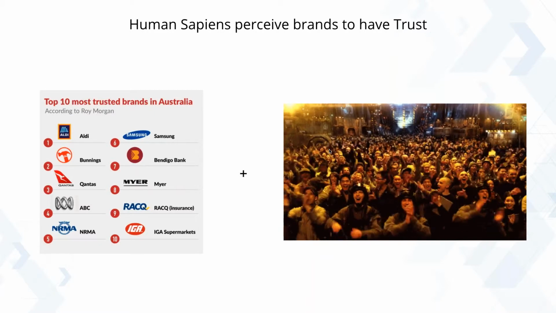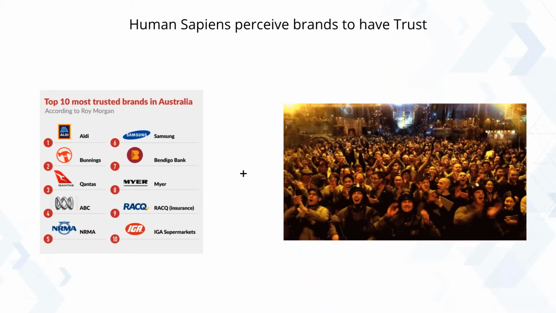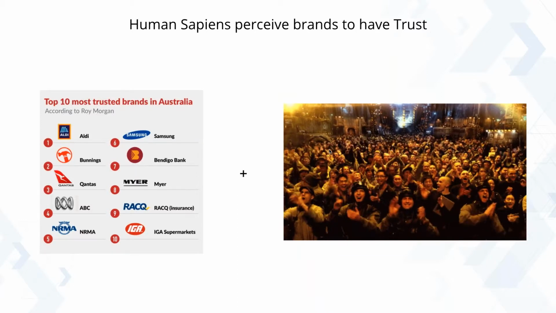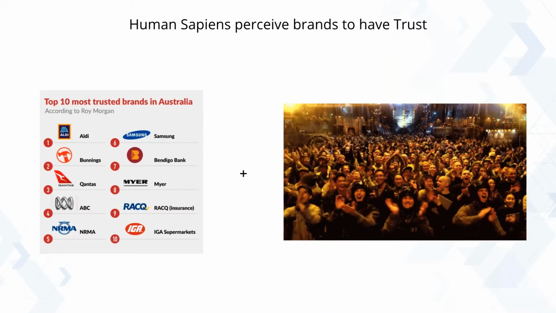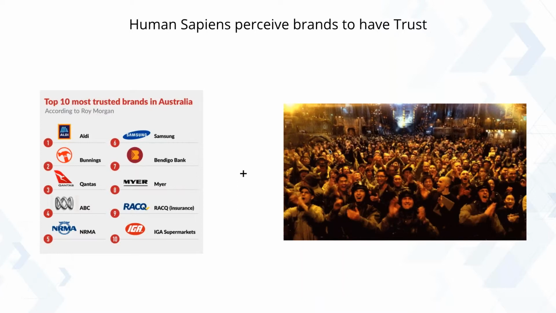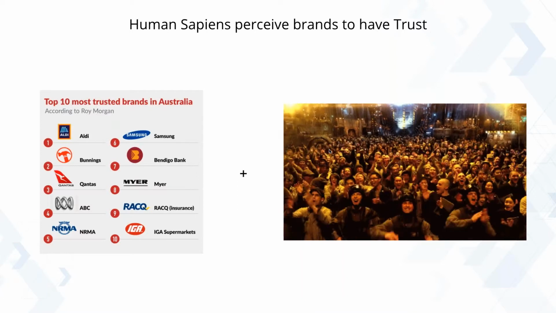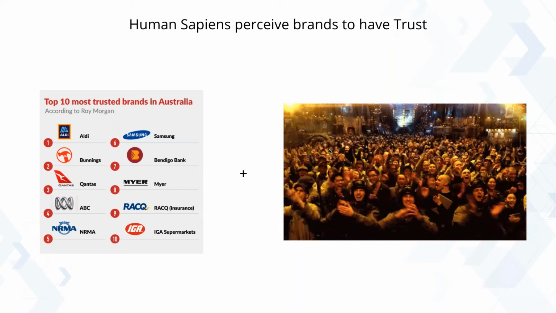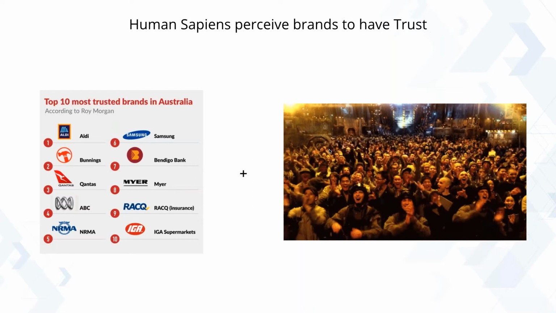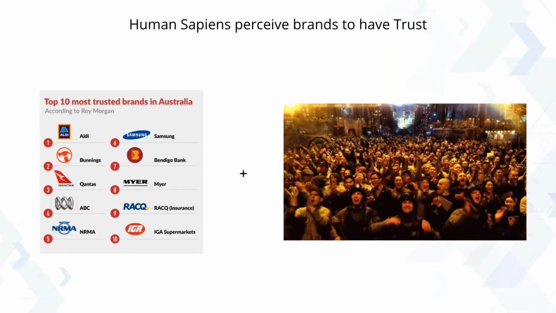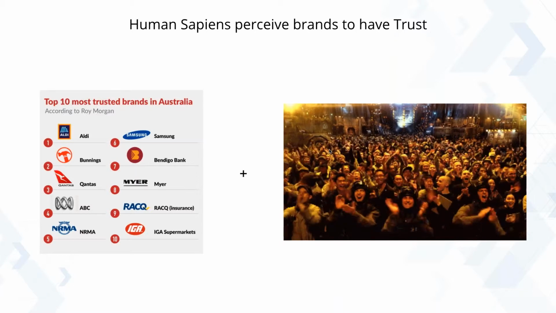So if I'm Qantas or Bunnings or Aldi, my reality is actually the sum of the perception of all of these people that have interacted with my brand and have this perception. It's just an interesting concept.